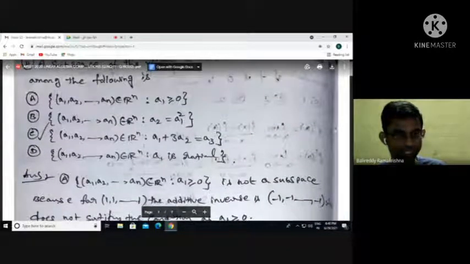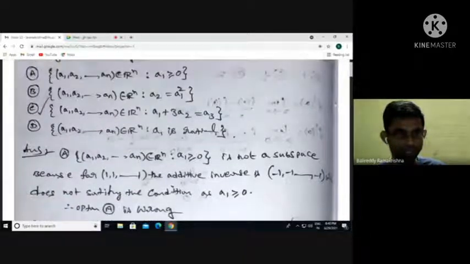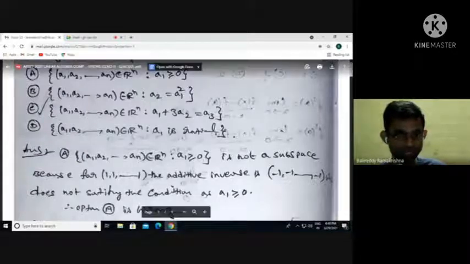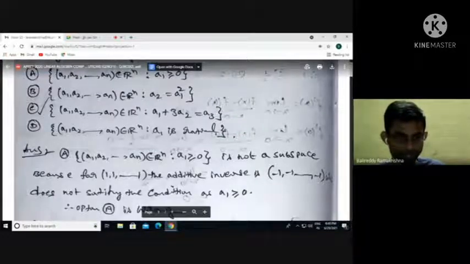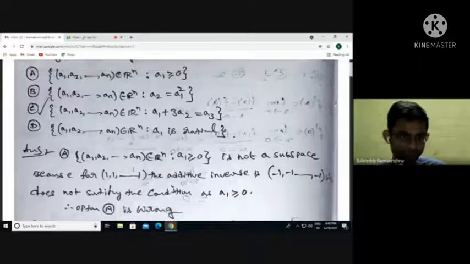Option number A, given that a set of all ordered n tuples a1 a2 so on an belongs to R power n such that a1 greater than or equal to 0, means first coordinate a1 value is greater than or equal to 0, and clearly it is not a subspace because for n tuple taking all the components as 1, means first component, second component, so on, and component as 1.